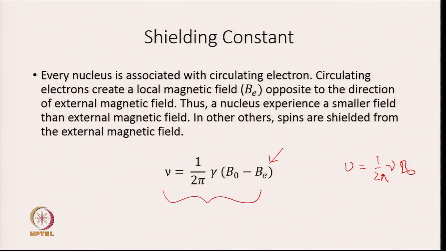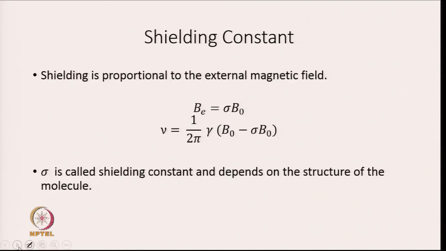Spins are shielded from the external magnetic field by this magnetic field, and so nu will be different for different nuclei, since B E will be different for each nucleus. Shielding is proportional to the external magnetic field.